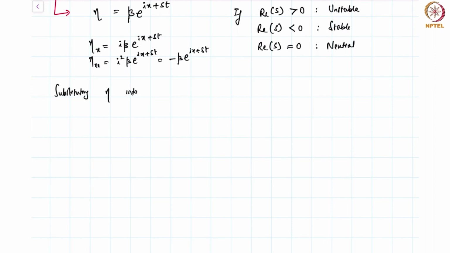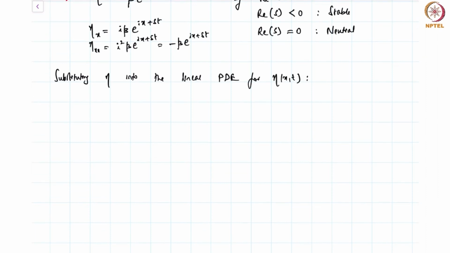We will get S is equal to G bar by 3 I square minus 1 by 3 C bar I to the 4 minus A minus A bar of I square.